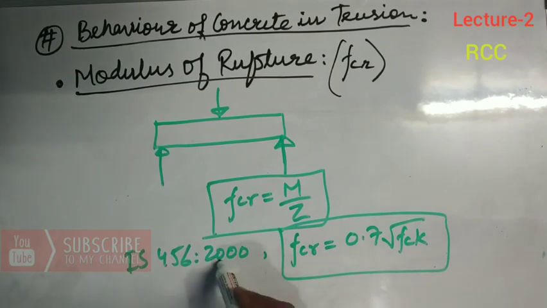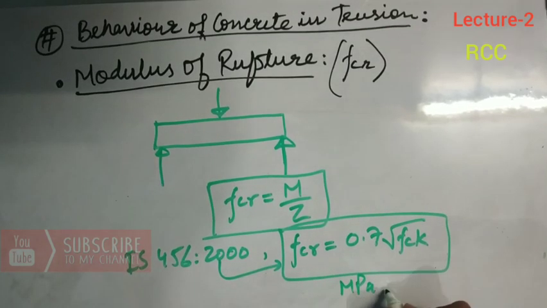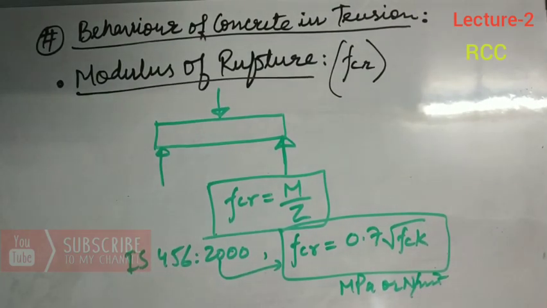So remember, this is as per IS 456, where the units are in MPa or Newton per mm square. So this is all about modulus of rupture.